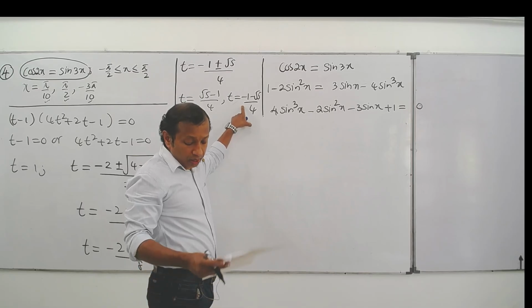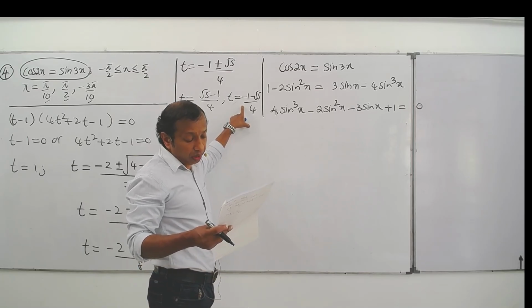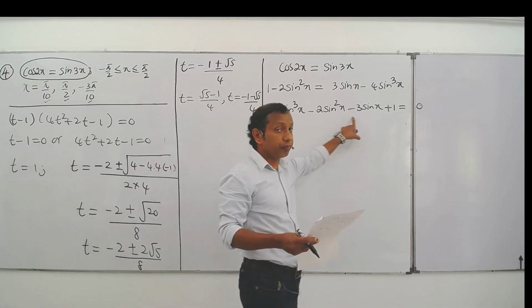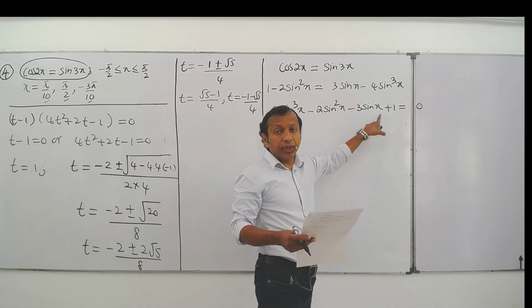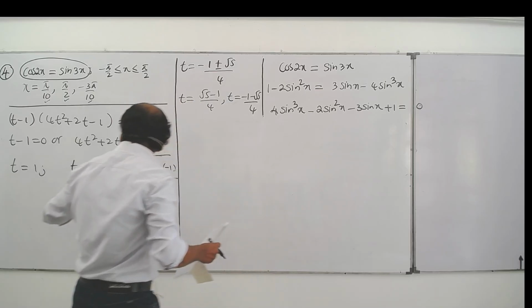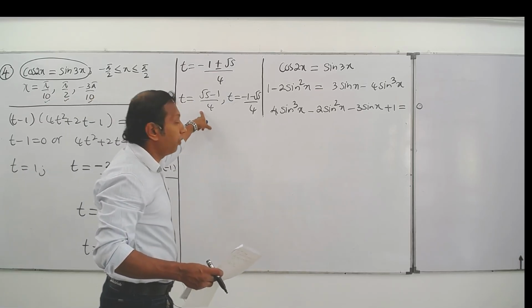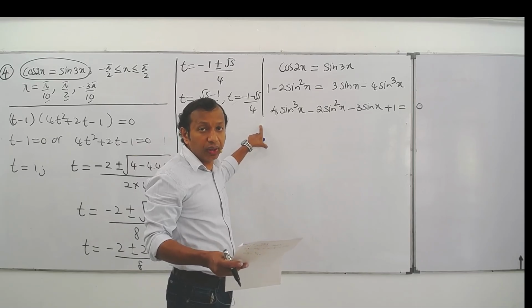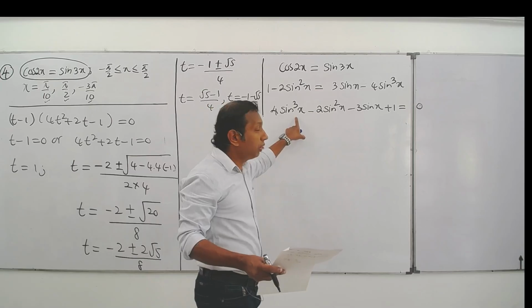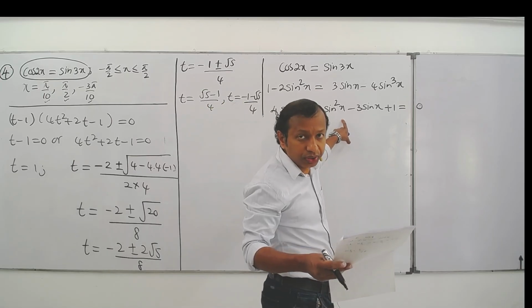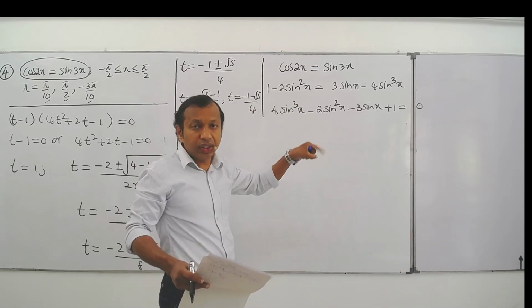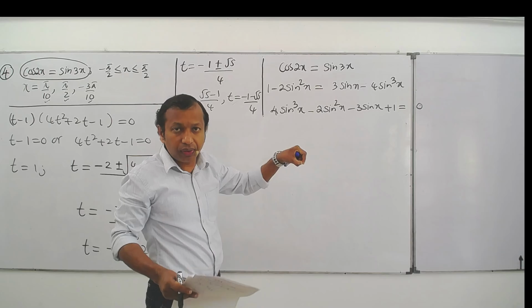Therefore, the question asking to show this way, 4t cube minus 2t squared minus 3t plus 1 equals 0 means this equation. Right, its solutions only we found here. 1, this, because t is sin x, no? Therefore, you can say the equation in terms of t in the question given, its solutions are the values of sin x, right?